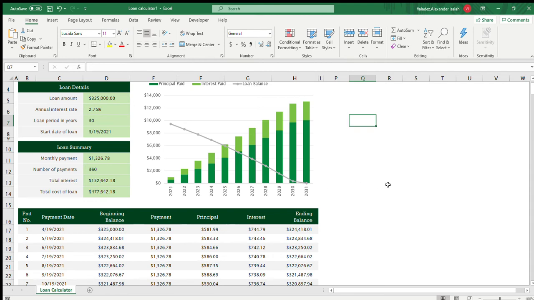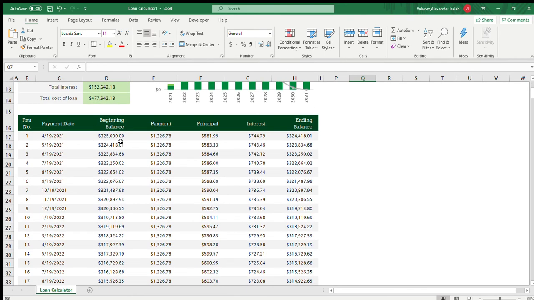Another cool thing about this is you can actually see how much you're going to pay on each date. So for an example, if we look over here on January 19th, 2020, on this date, we will have a balance of $319,713.